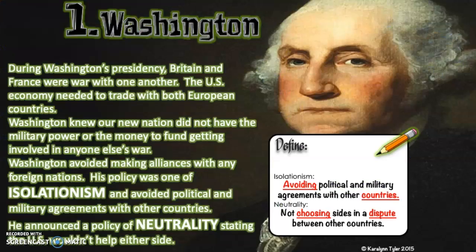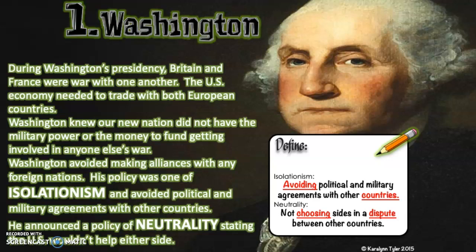First, we're going to focus on the first president, which is George Washington. While he was president, Great Britain and France were at war with each other. And one of his goals was to maintain trade with both of those European countries.